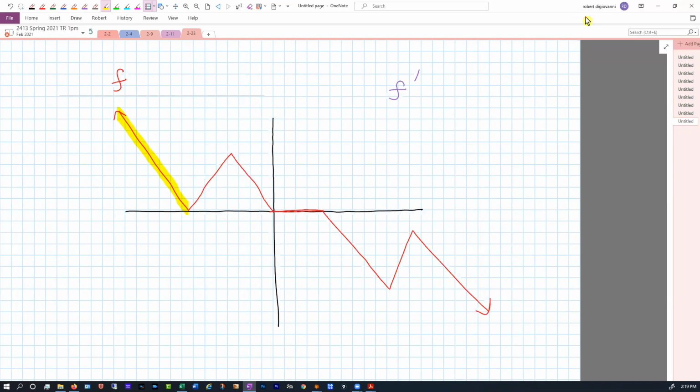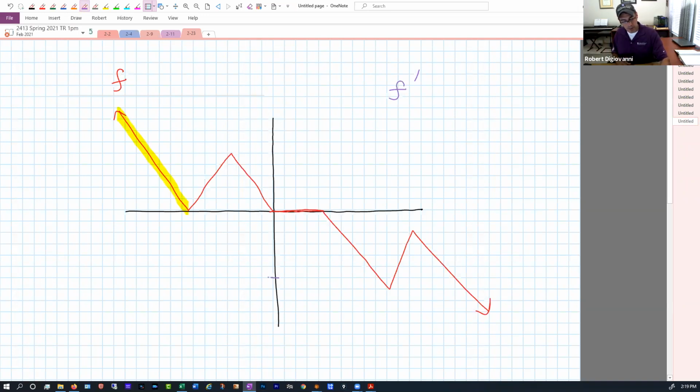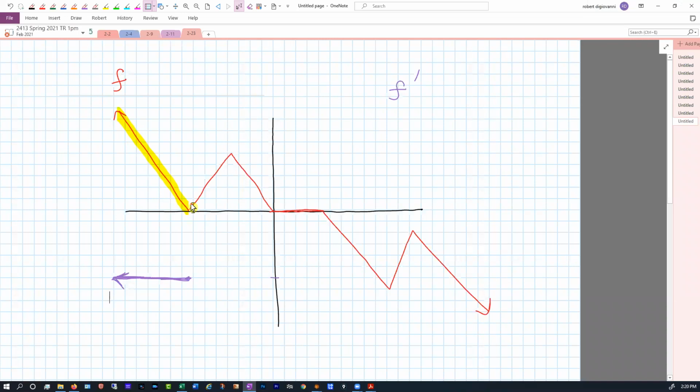It's negative, right? And won't it be the same at every point there? Yeah. Okay, so that means the derivative has to be a negative value. So I'm just going to pick a negative value down here, and it'll be the same negative value throughout. So, Gene, do you agree that that's a pretty good approximation of what the derivative of this would look like? Yeah. Okay, Gene, you did great on that.